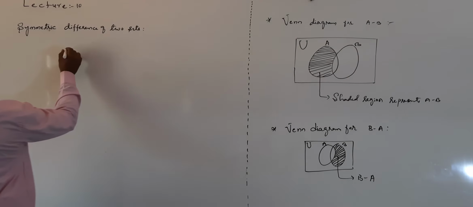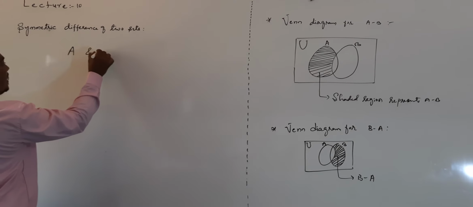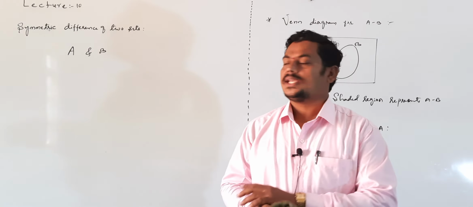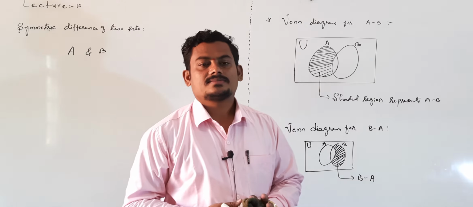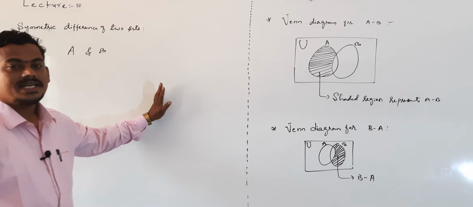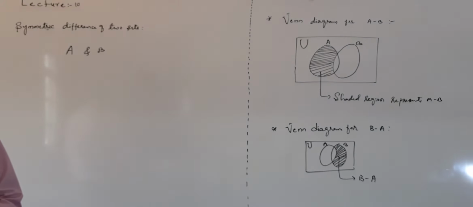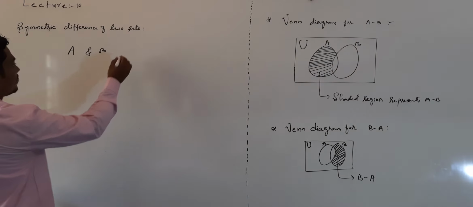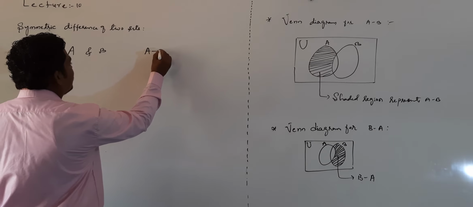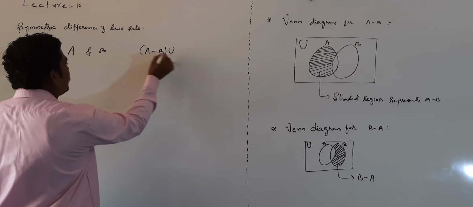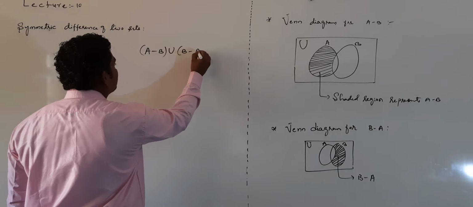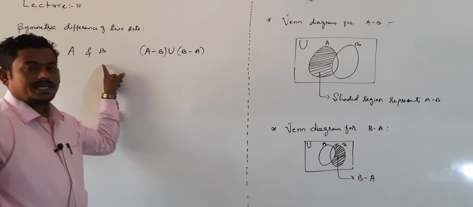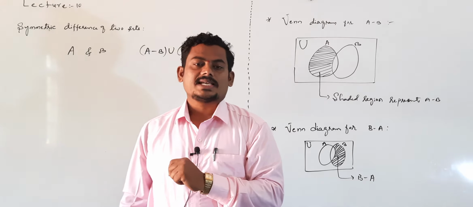Definition: let capital A and capital B be two sets.